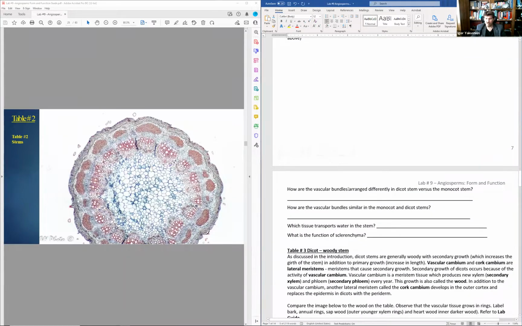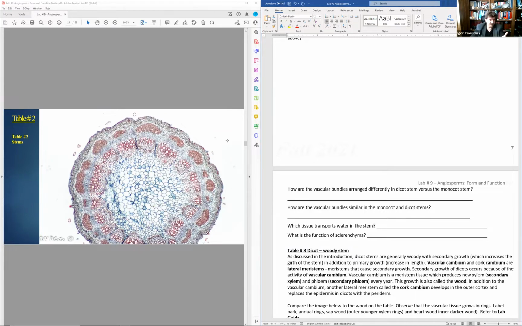How are the vascular bundles arranged differently from the dicot to the monocot? In the dicot, they are arranged in a nice circle. In the monocot, they spread out throughout the stem. How are the vascular bundles similar? Well, they also contain the phloem and the xylem.